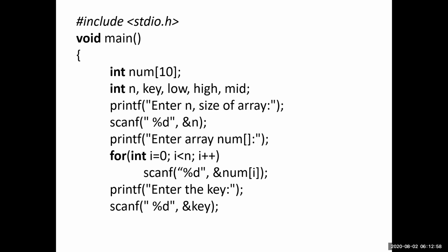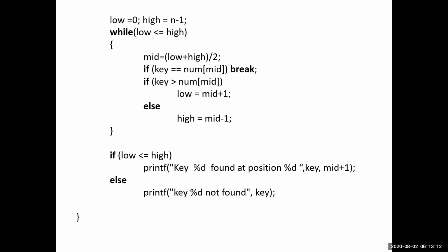and again we are asking the user to enter array members one by one through scanf using the for loop, and then we are asking the user to enter the key which they have to search, and we are reading the key through the input device, and initializing the lowest index to 0 and the highest index to n minus 1, that is array size minus 1.